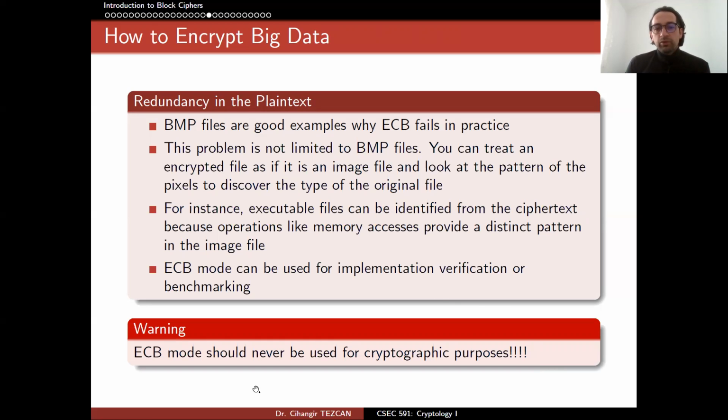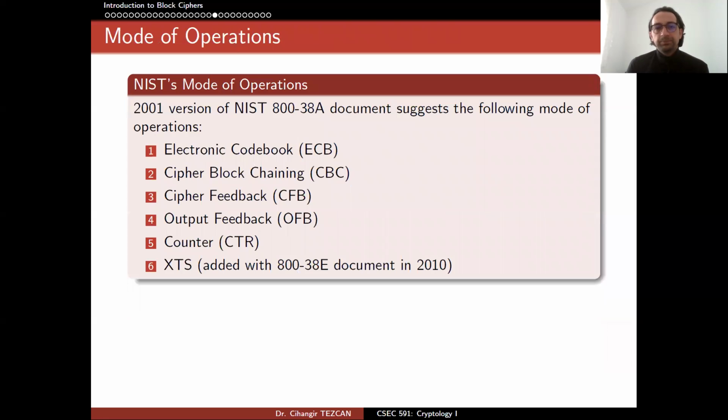But ECB mode should never be used for cryptographic purposes. This is really important because we are still seeing in practice that people are using this. There are many applications or software you can download from the internet, and they are still using ECB, which is not a good idea.